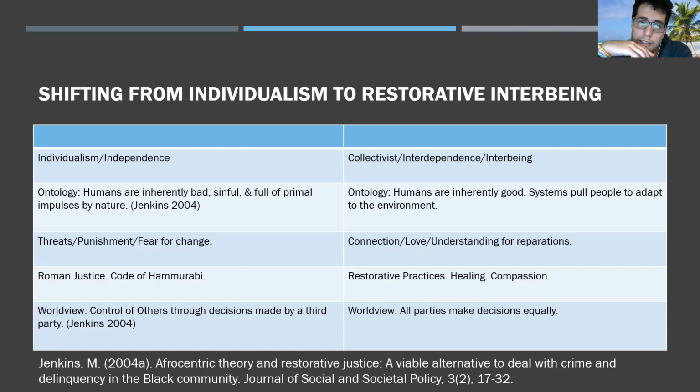The worldview that is taken from our Eurocentric constructs is control of others through decisions made by a third party, like a judge, lawyers. And then from a more Afrocentric frame, all the parties and all the people involved in the community make decisions equally.